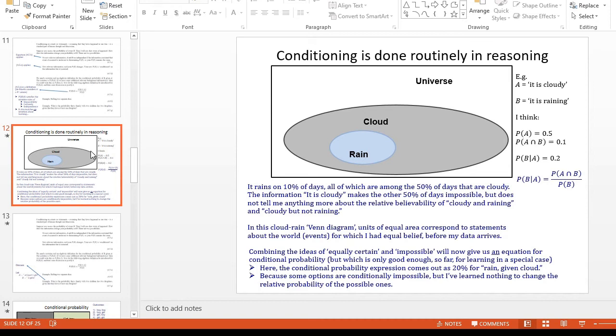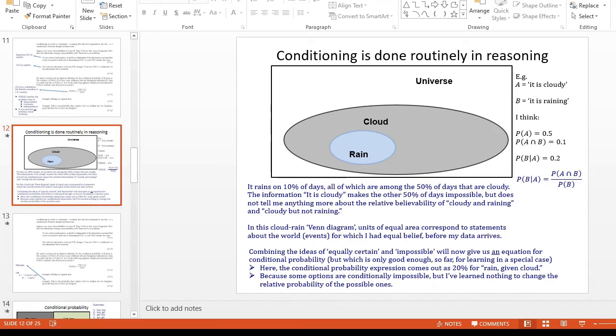But that's just making use of the fact that some things became impossible when you were told that it was cloudy. You ruled out the possibility it was not cloudy and therefore definitely not raining. However, you said nothing about the relative weighting of it being rainy and cloudy, or not raining but cloudy.